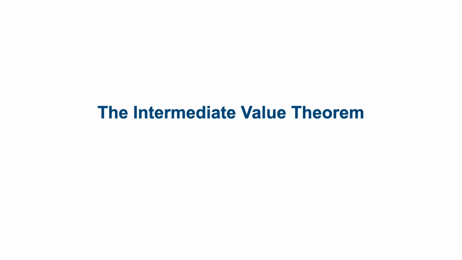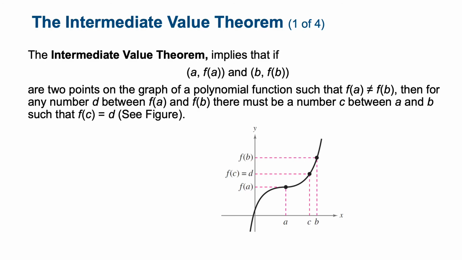Which leads me to the intermediate value theorem. It's something that is kind of instinctual, but we need to state it. So what is the intermediate value theorem? It basically says take two distinct points on the graph. Here are my two points: x coordinate a, y coordinate f of a, x coordinate b, y coordinate f of b.